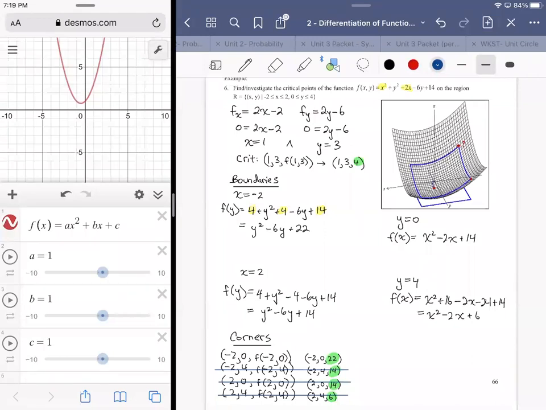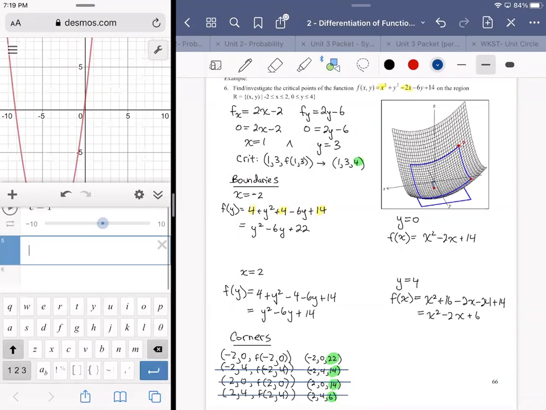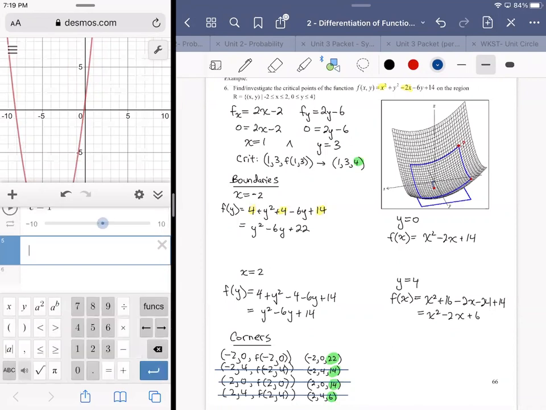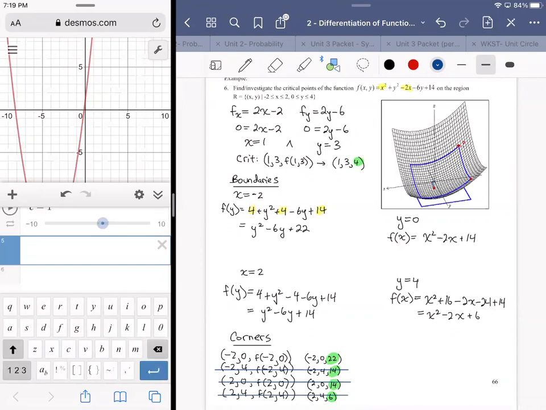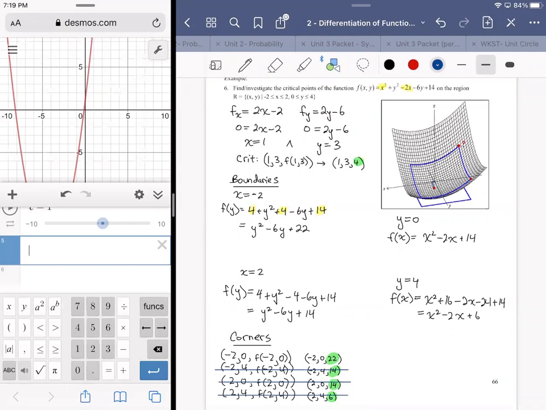What I would want is the extrema from this. For a parabola, the extrema ends up being your vertex. So what we can do is create a vertex model. I'll just do it the old-fashioned way.